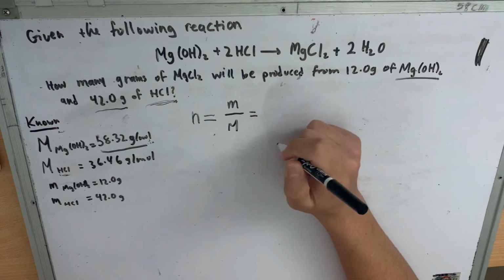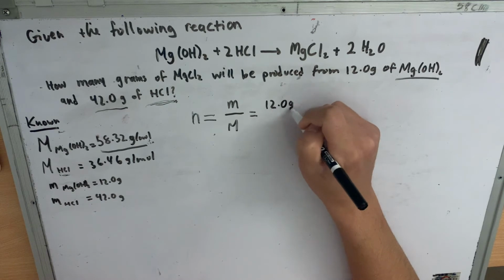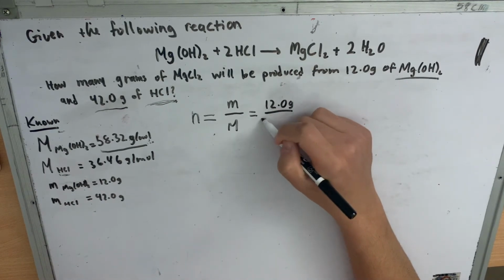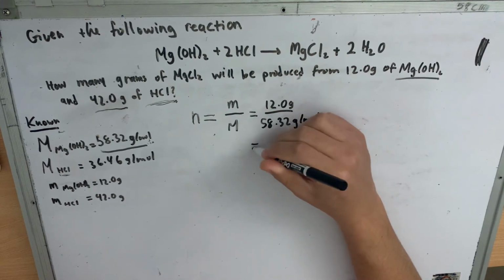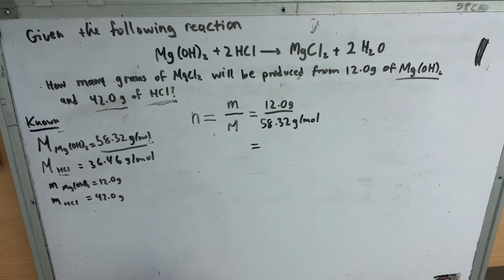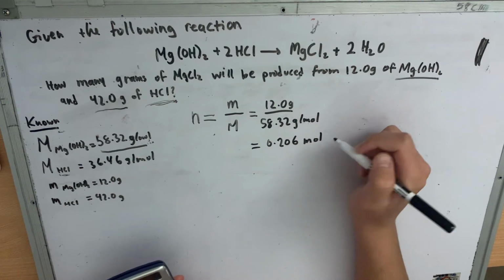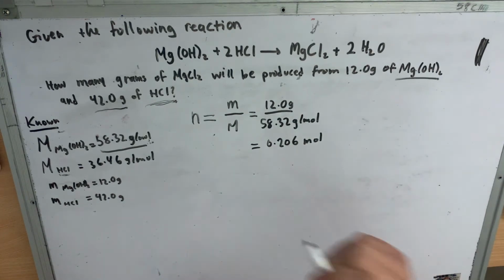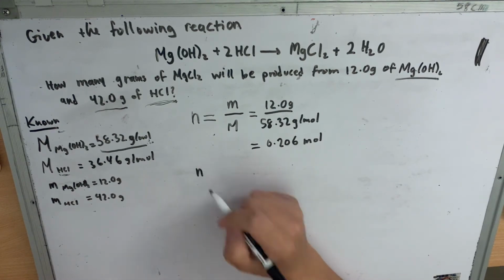So our mass of MgOH2 is 12.0 grams over the molar mass, which is 58.32 grams per mole. Grams cancel out, and the answer is 12.0 divided by 58.32, 0.206 moles.